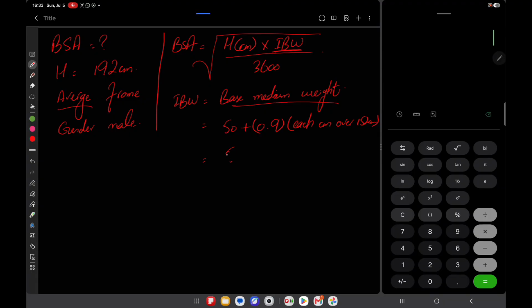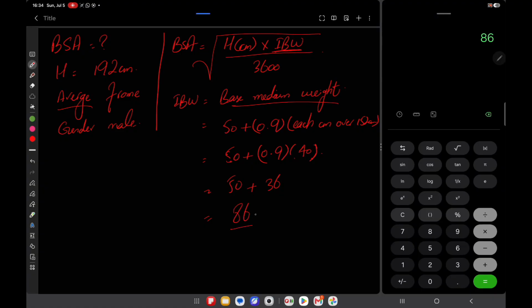So 50 plus 0.9 into 192 minus 152 is equal to 40. So 50 plus 0.9 into 40, that equals 36, and 50 plus 36 equals 86.